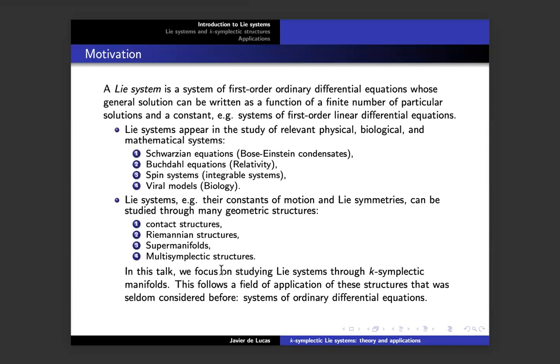And there are lots. I mean, every geometric structure is compatible with Lie systems, or can be made compatible. I am almost sure, though I have no theorem to tell you, that almost every geometric structure can be made compatible with Lie systems in a way I will explain now, similar to what I will explain today.